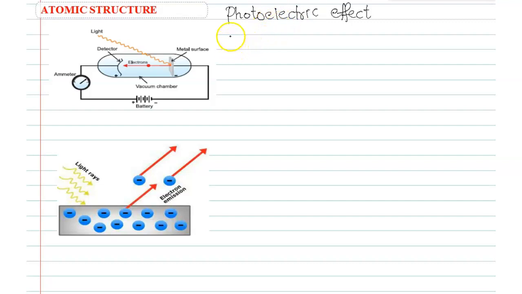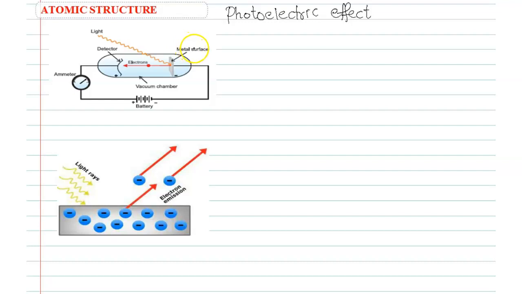Photoelectric effect. So here the metal should release electrons very easily. Such a type of metal should be used. Normally the metals having low ionization potential will be very useful, like cesium, rubidium. Those have very low ionization energy.